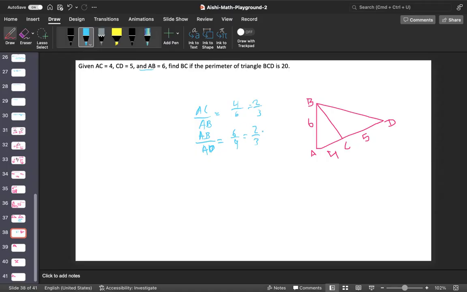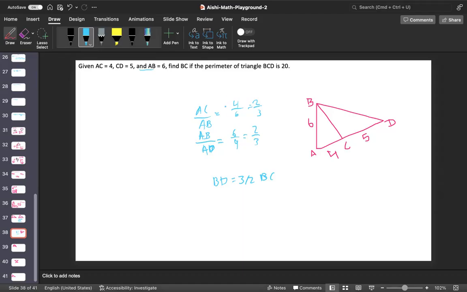Since the corresponding sides of triangle ABD are 3 by 2 the corresponding sides of triangle ACB, then we can say that BD is equal to 3 by 2 BC, because we're trying to find BC.